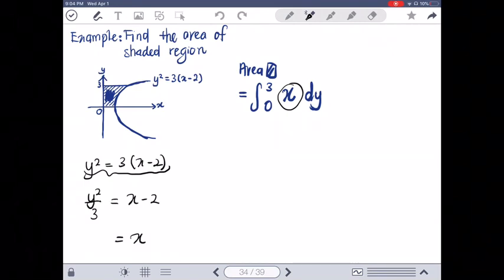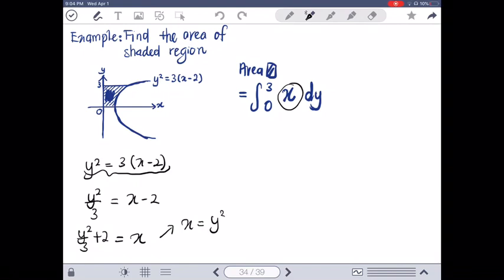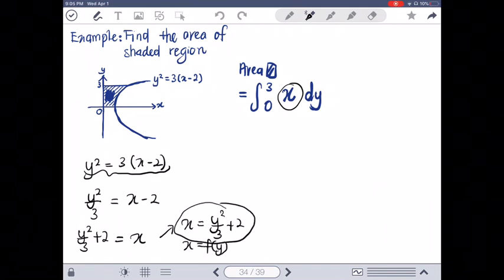Therefore, x equals y squared over 3 plus 2. So in this case, we have x as a function of y. So substitute this here.